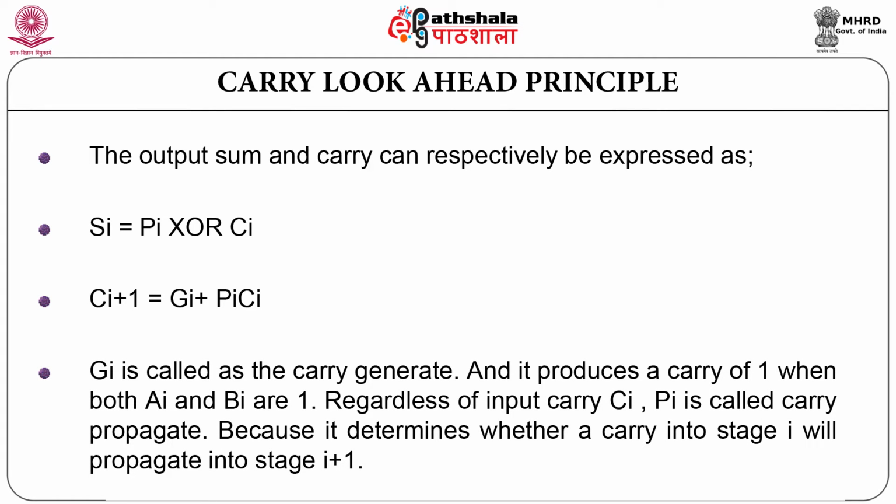Gi is the carry generate bit and it produces a carry of 1 when both Ai and Bi are 1, regardless of the input carry Ci. Pi is called the carry propagate because it determines whether a carry into stage i will propagate into stage i plus 1, and the carry is available in advance.